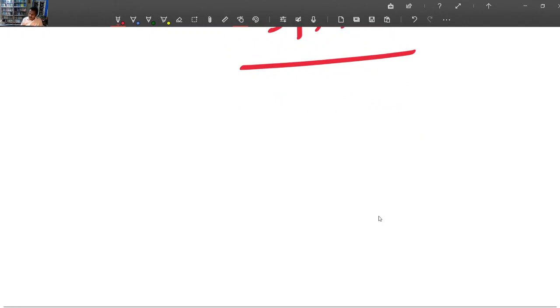Now, to derive an equation of a line in space, you need two things. One, a vector parallel to that line, and the second one is a point on the line. So suppose you have three axes.